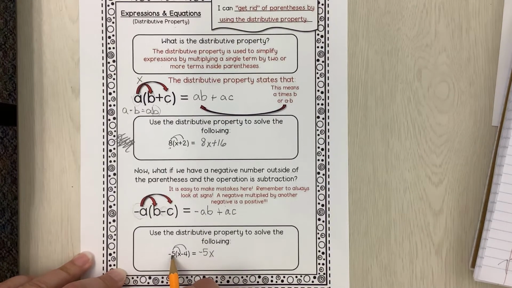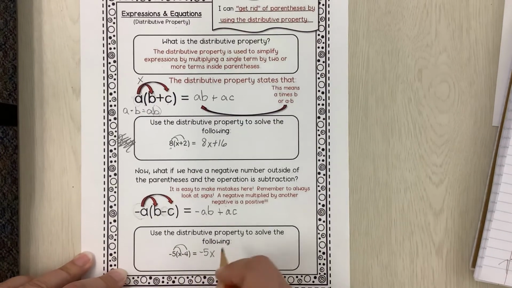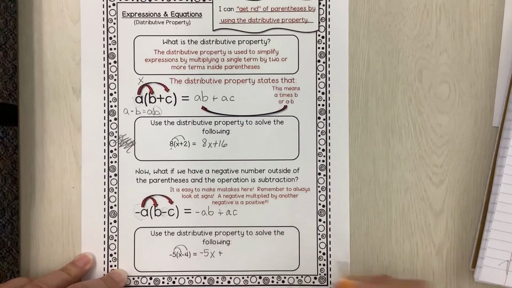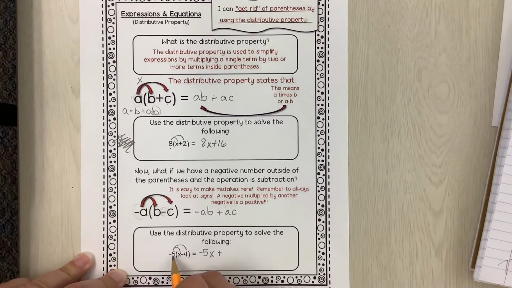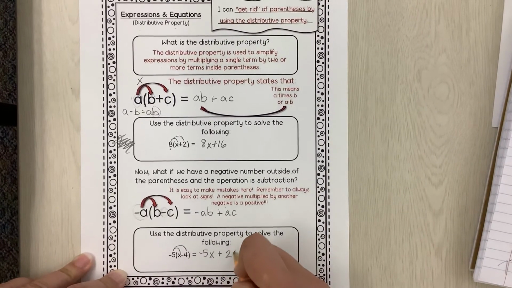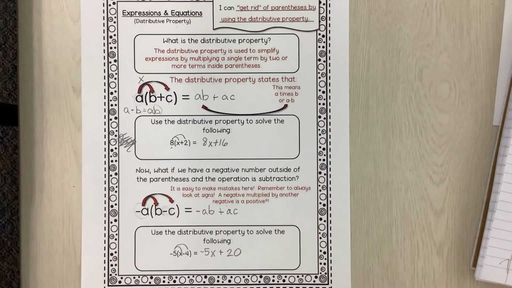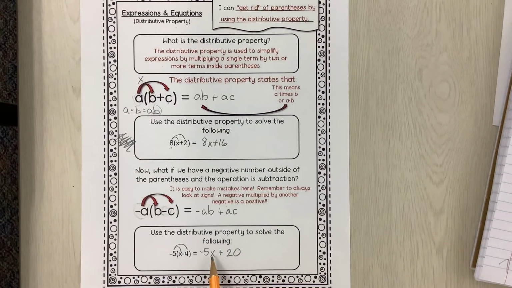Now again, negative 5 times a negative 4. That's 2 negatives, so I know it's going to be positive. And 5 times 4 is 20. So we're done with that one. We've gone as far as we can go unless they tell us what x is, what number x is. Right now, x is like that mystery number. We don't know what it is.